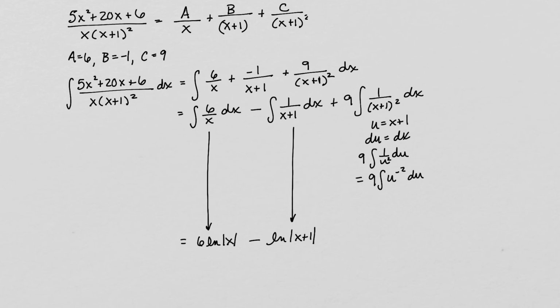So this is going to be 9 u to the negative 1 over negative 1, which would be negative 9 times x plus 1 to the negative 1. So that's what this last part is going to be here. Minus 9 x plus 1 to the negative 1 plus c.